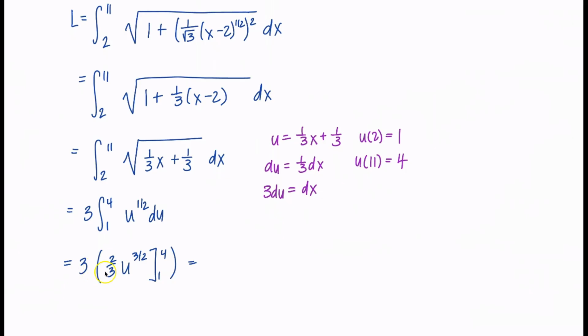The 3 times the 2/3, that's just going to give me a 2. So I'm going to have 2, and then I'll have 4 to the 3/2 minus 1 to the 3/2. And here, 4 to the 3/2, the square root of 4 is 2. 2 cubed is 8. So what I have is 8 minus 1, which is 7. 7 times 2 is 14. A nice integer value for this arc length.